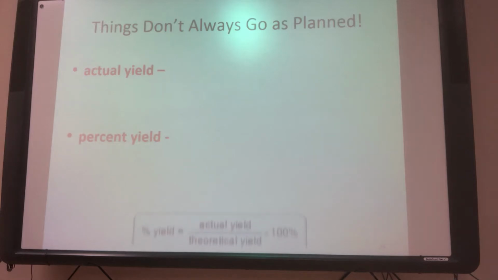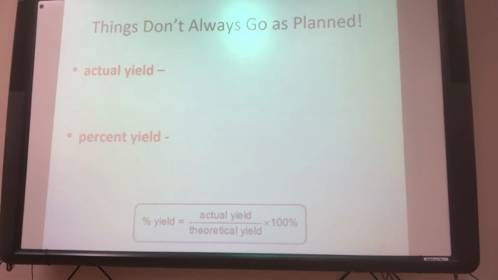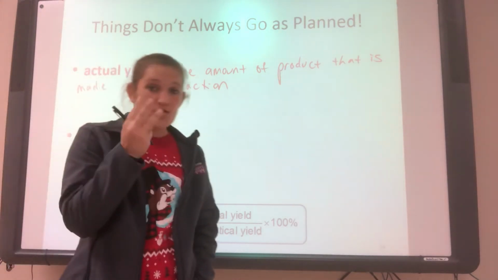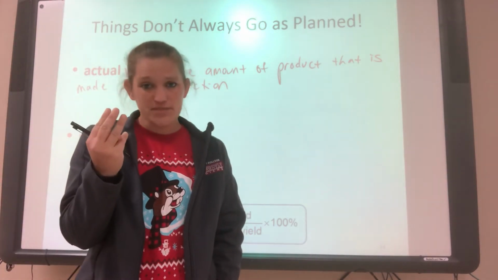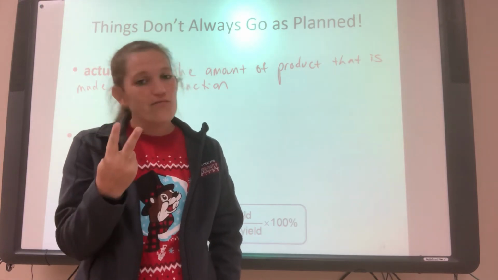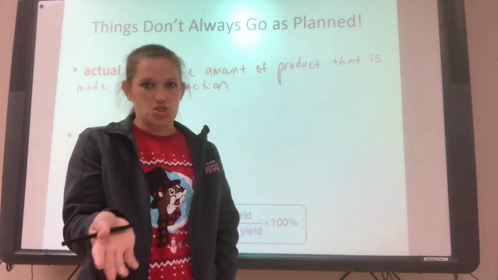Let's write that down. An actual yield is the amount of product that is made in the reaction. This is how much you actually obtained. In my example, I theoretically should have 3 sandwiches, but in my Guapo scenario, I actually only get 2 sandwiches because I lost a piece of cheese.